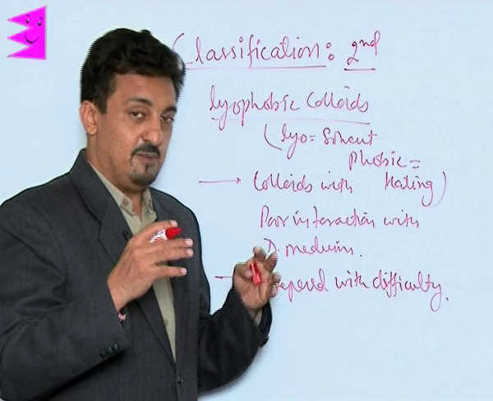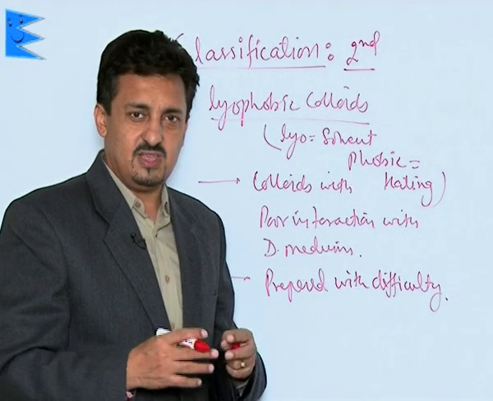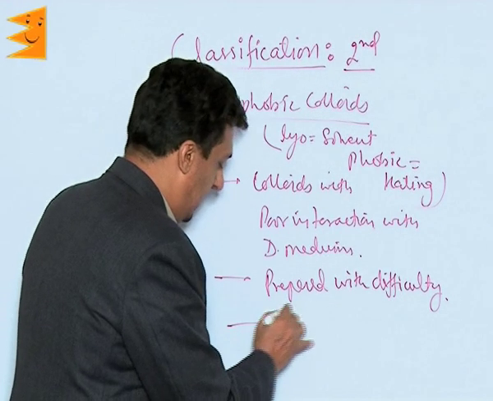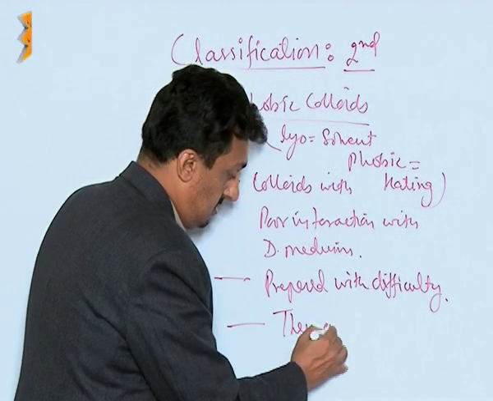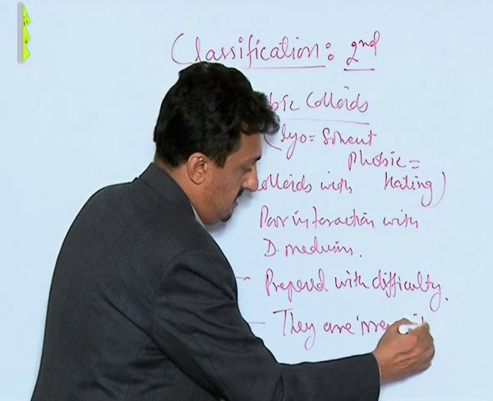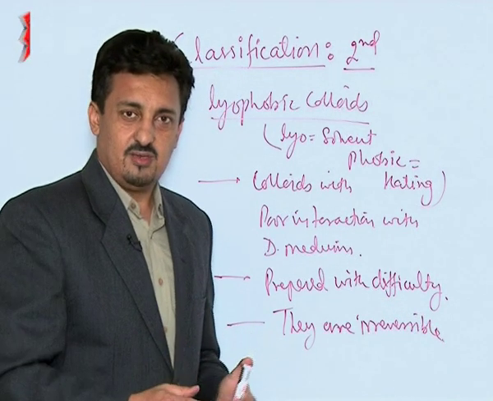And once they are prepared by certain special processes, you cannot separate them out. So they are irreversible. You cannot then separate the dispersion phase and medium from each other.